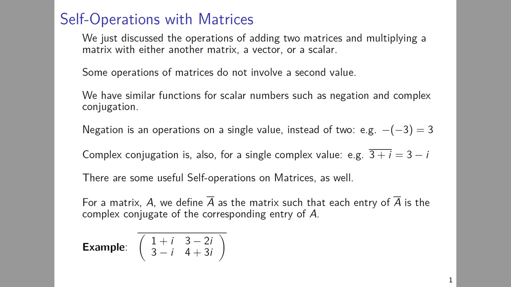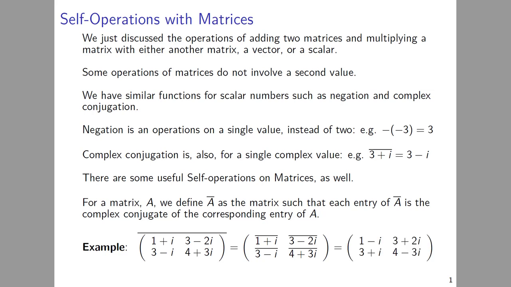For example, if we want to compute the complex conjugate of the matrix 1 plus i, 3 minus 2i, 3 minus i, and 4 plus 3i, we take the complex conjugate of each entry. That is the complex conjugate of 1 plus i, the complex conjugate of 3 minus 2i, and so on for each entry.